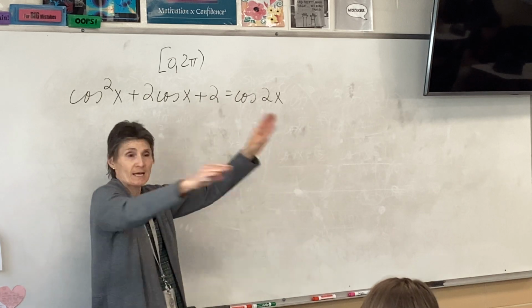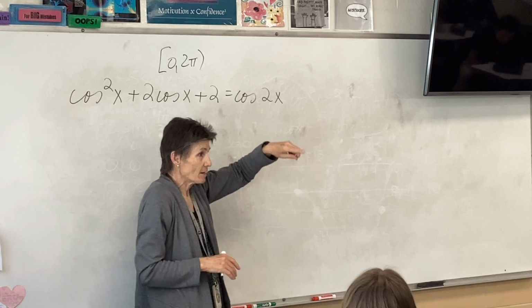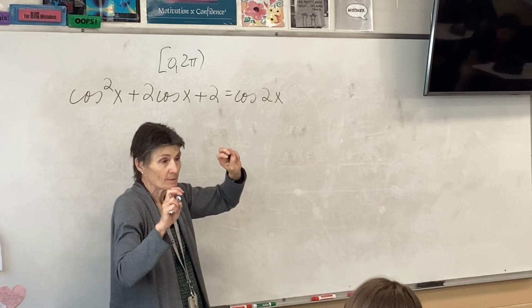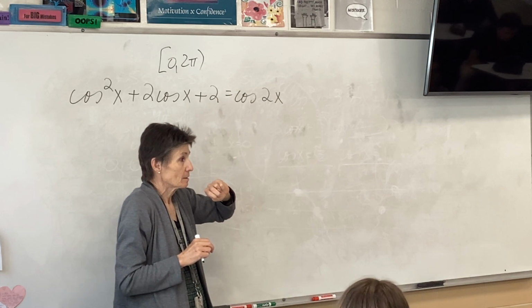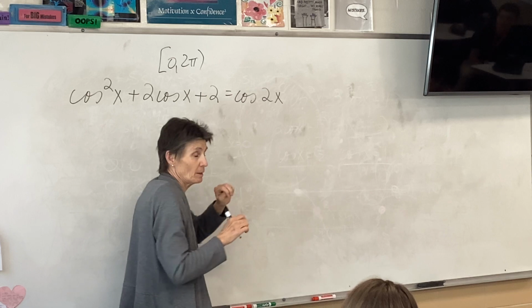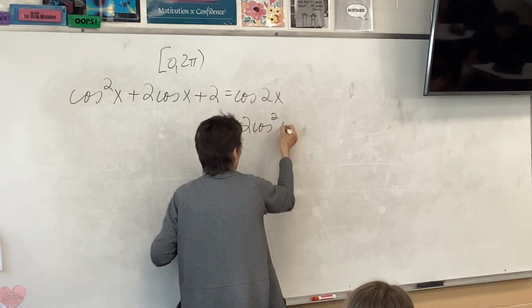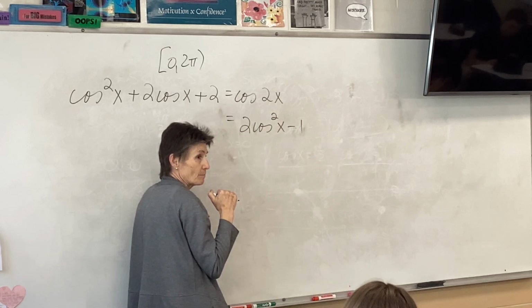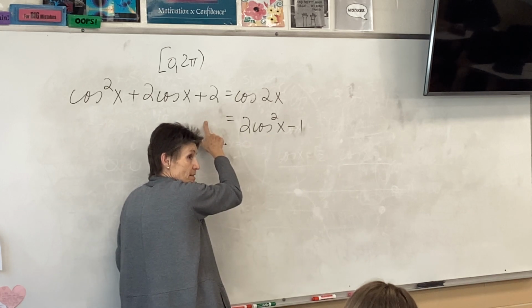Don't do anything until you take care of that problem. There's a formula on your need to know sheet for cosine 2x. There are actually a couple of them. The one we want in this problem is 2 cosine squared minus 1. Why am I choosing that one? Because we're already working with cosines.